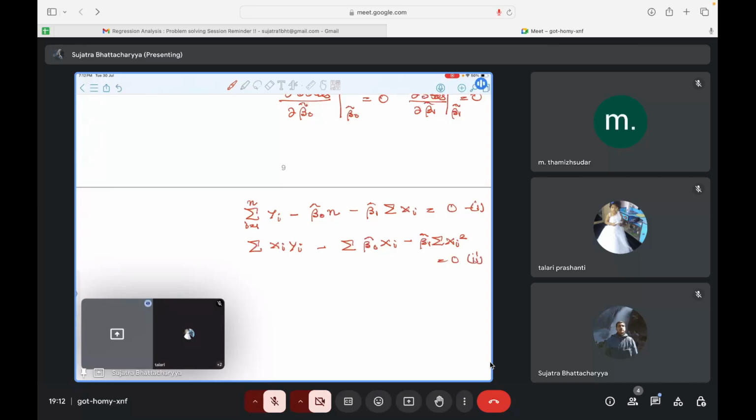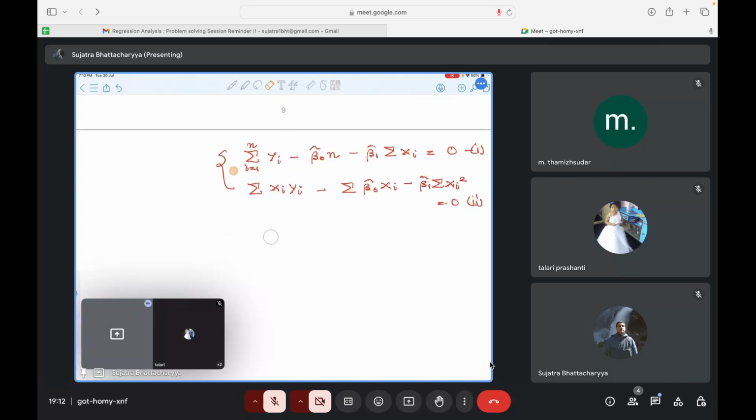Then, based on these, if you solve, you get beta 1 cap as n summation xi yi minus summation xi summation yi, divided by n of summation xi square minus summation xi whole square, where n is the number of data points or sample points.